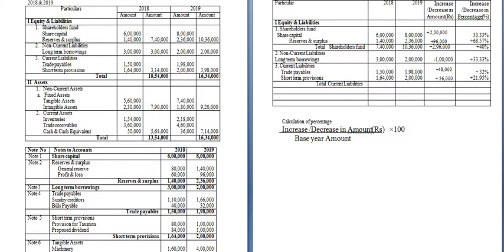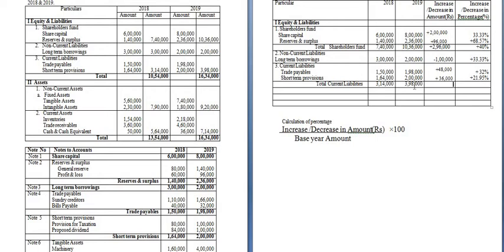So make the total of current liabilities: 1,50,000 plus 1,64,000, which is equal to 3,14,000. So write here 3,14,000. And what about 2019? It is 3,98,000. 2 lakh plus 1,98,000, so it is 3,98,000.